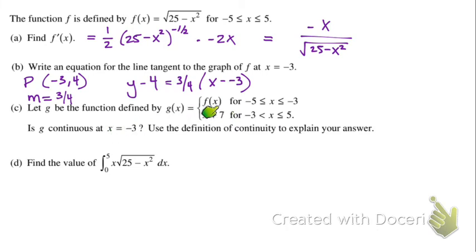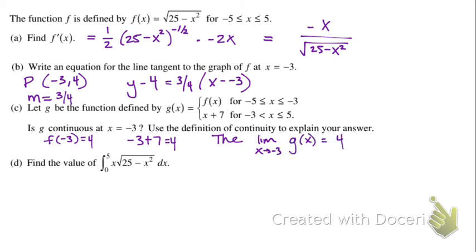So f of -3, we just found out was 4. So I'm going to write that: f of -3 equals 4. And then I'm going to plug in -3 to the second one. I'm going to say -3 plus 7 equals 4. Then using the definition of continuity, I would say the limit as x approaches -3 of g of x equals 4.